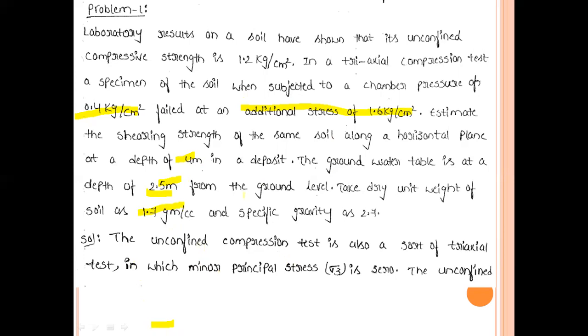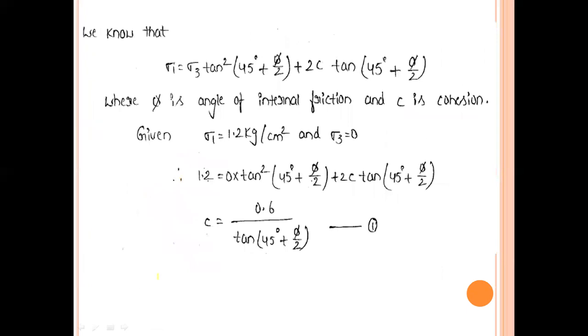Solution. The unconfined compression test is also a sort of triaxial test in which minor principal stress sigma 3 is 0. We know that sigma 1 equals sigma 3 into tan square of 45 degrees plus phi by 2, plus 2c into tan of 45 degrees plus phi by 2, where phi is the angle of internal friction and c is the cohesion.